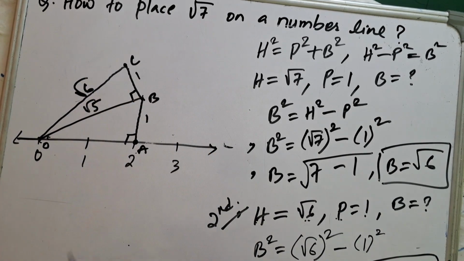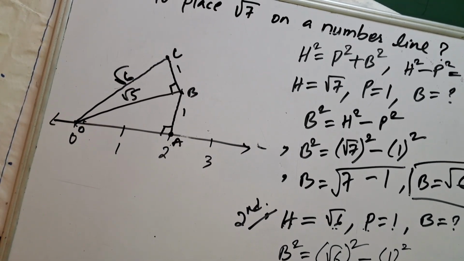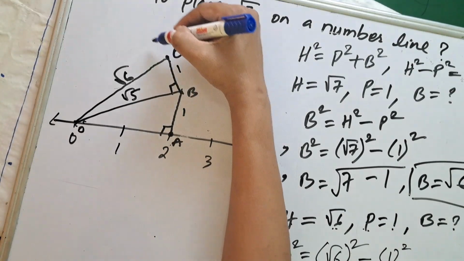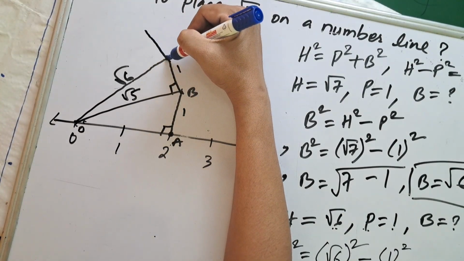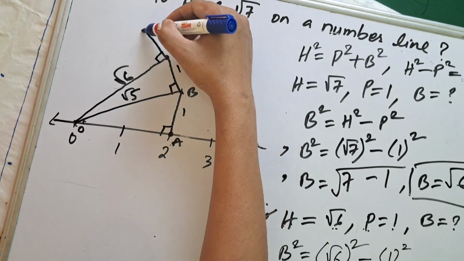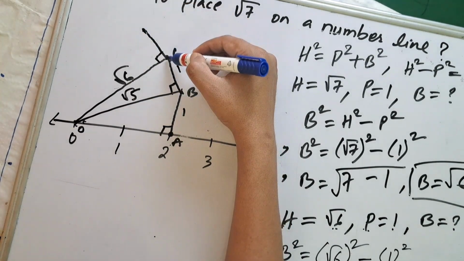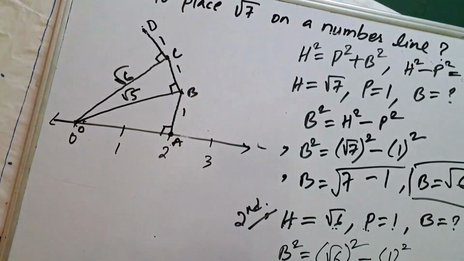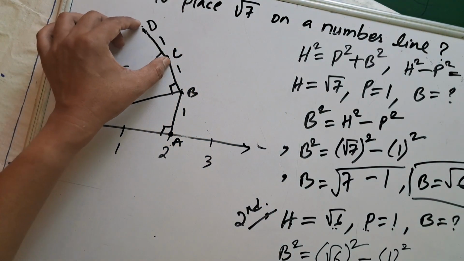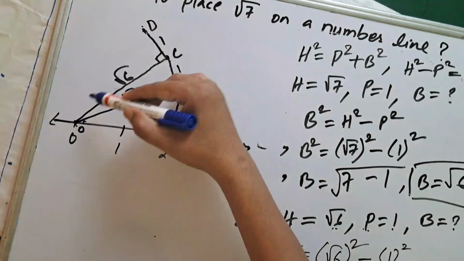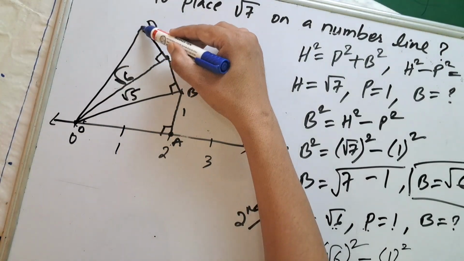Now again we draw another perpendicular line, perpendicular to OC, 1 unit long. Suppose this is D. CD is 1 unit, the perpendicular. Now we join O and D again. O and D are joined.